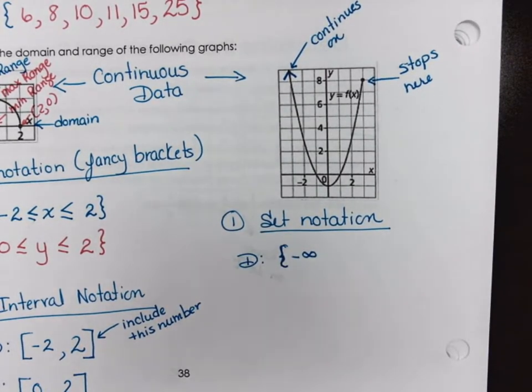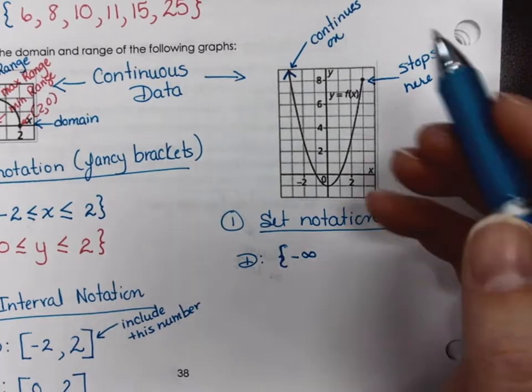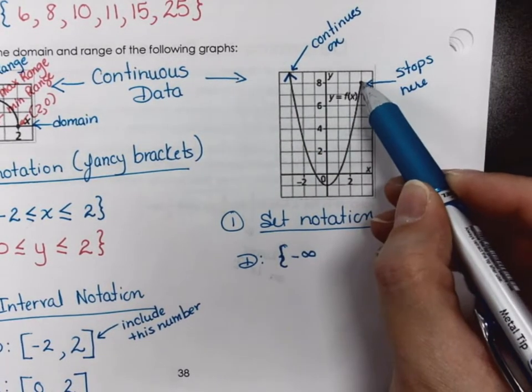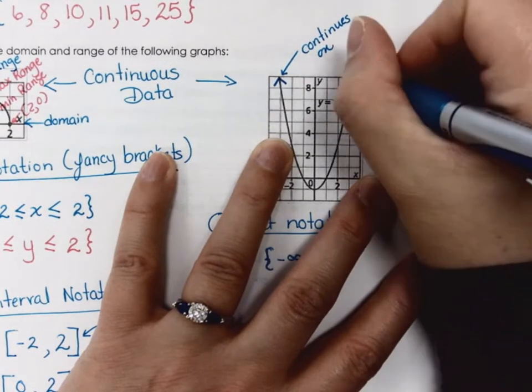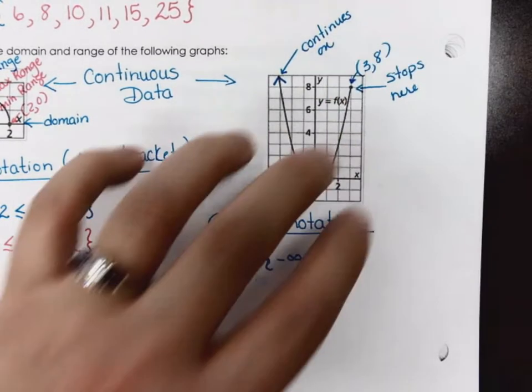What is the highest? How far right do we go in the domain? How far right do we go? Three. Because if we look at this point, it occurs at (3, 8). That's that point right there. So that's (3, 8).